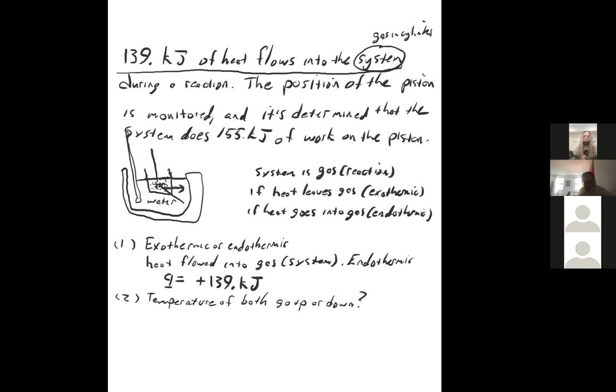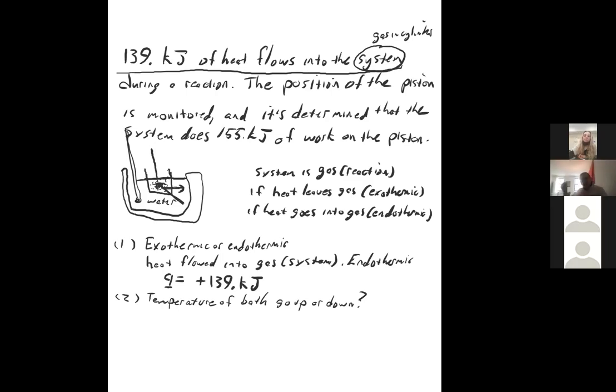So here's the idea. What we just determined is that heat flowed out of the water, right? It went into the gas. So that means you're losing heat, you're losing energy in the water. So as you lose energy in the water, the temperature will go down.